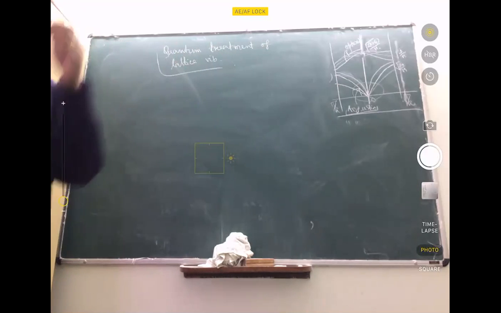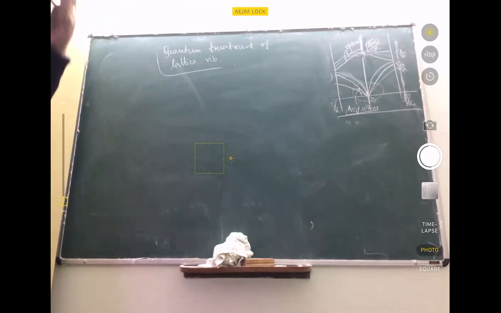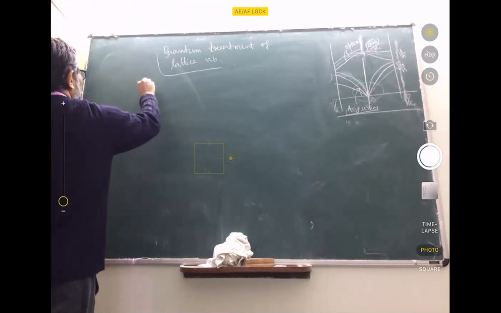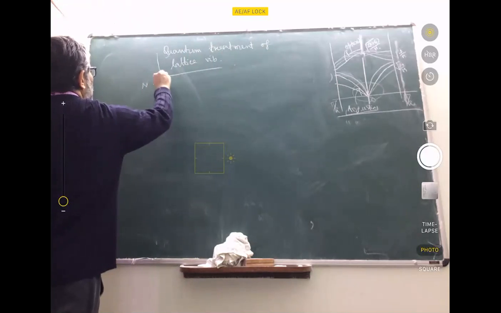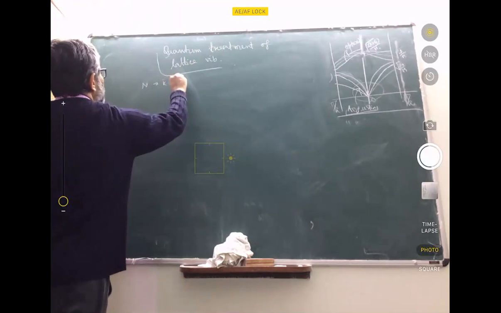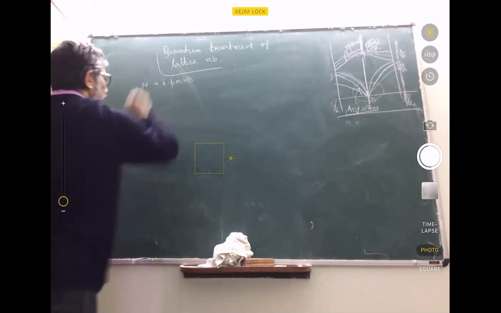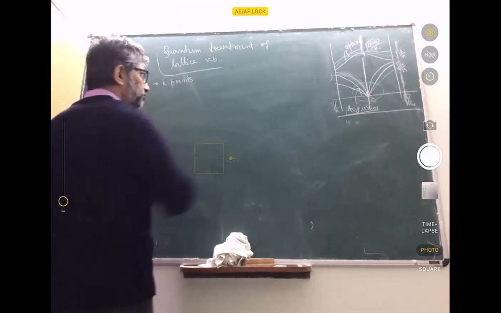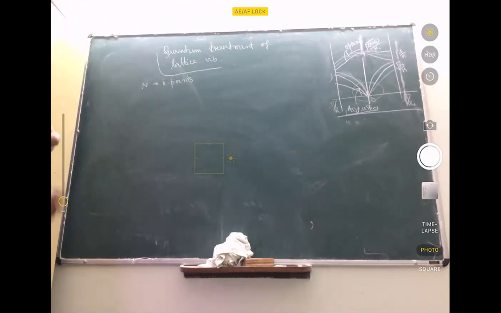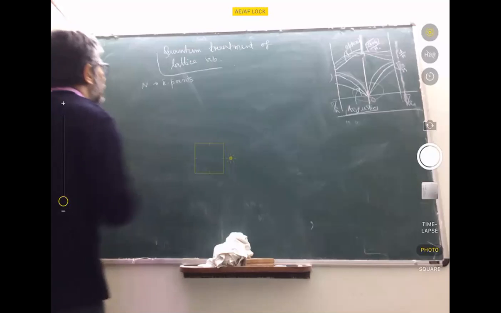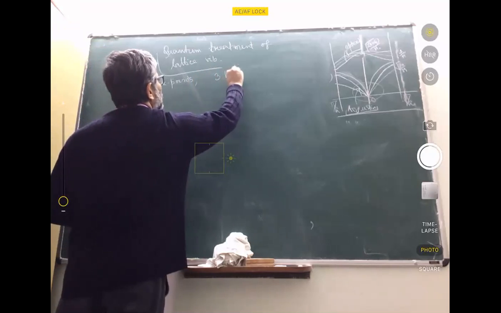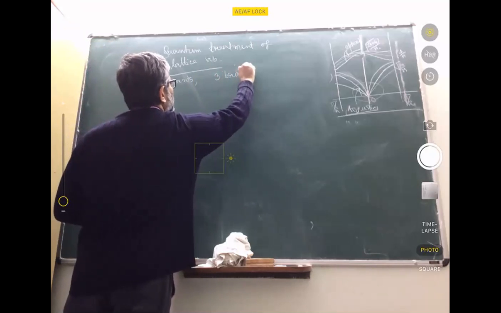we're trying to do a quantum treatment of the lattice vibrations, and we have already discussed that there are N equivalent k points, and if we are in 3D, then at each k point there are 3 branches of the acoustic mode. So we'll count 3 branches.